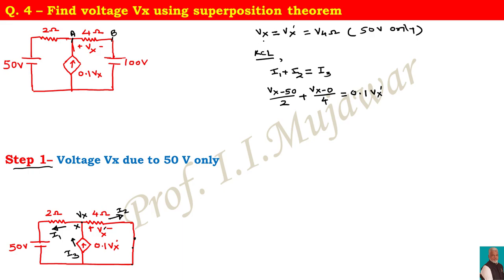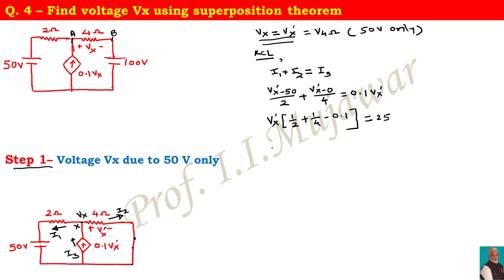Now since Vx is equal to Vx dash, here also I can place Vx dash. That means your equation is, taking Vx dash common, the first term is 1/2, the second term is 1 by 4, and this 0.1 Vx dash I will transfer to the left side. Minus 50 by 2 is minus 25; I will take it to the right side, where it becomes 25.